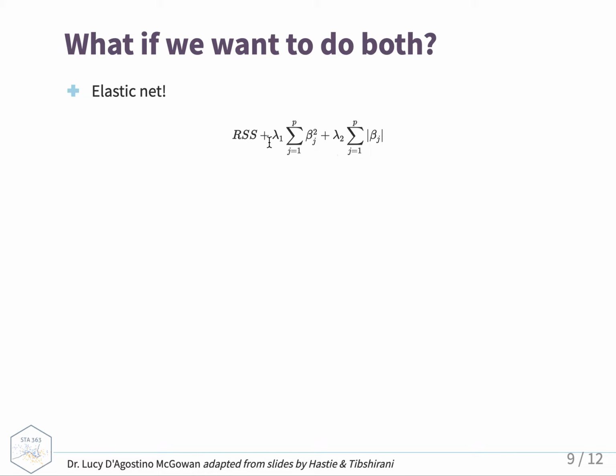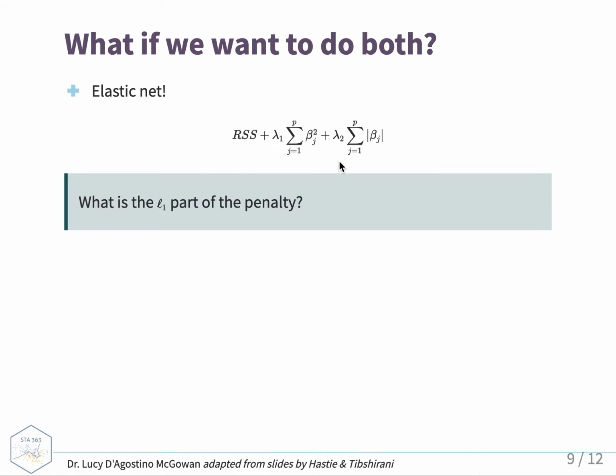If lambda 1 is 0, then we have just this term, and we're just doing Lasso. If lambda 2 is 0, we just have this term, and so now we're doing ridge. We would just have the residual sum of squares plus lambda 1 times the sum of the squared betas. So Elastic Net basically just takes that residual sum of squares and adds two penalty functions, the penalty for ridge and the penalty for Lasso.